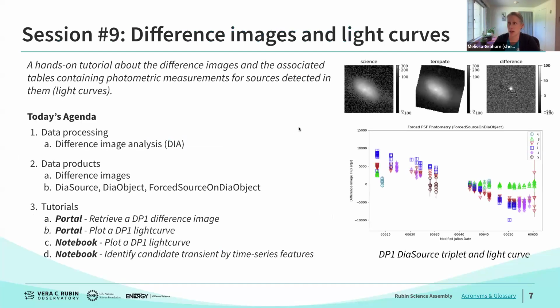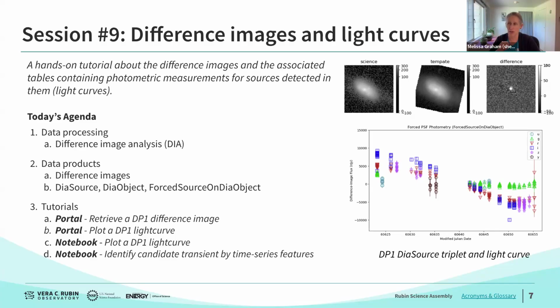All right, session number 9, difference images and light curves. Today, we're going to be doing a few hands-on tutorials about the difference images and the associated tables that contain photometric measurements of the sources in those images, also known as light curves. We're going to cover the data processing steps that create the difference image analysis data products: the difference images themselves, and the DIA source, object and force source tables, as well as the solar system object table.